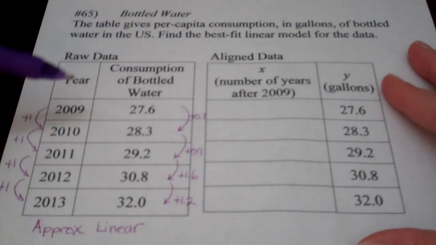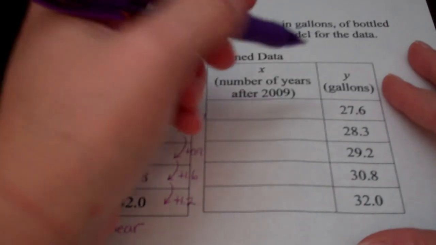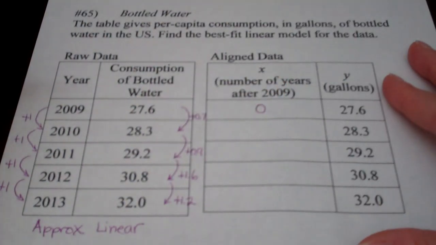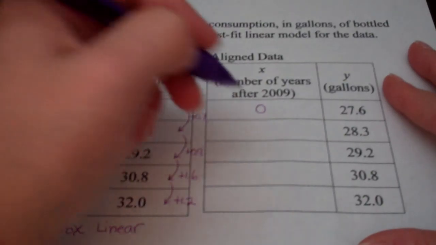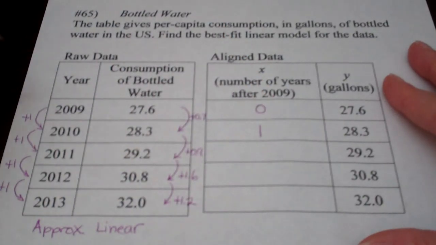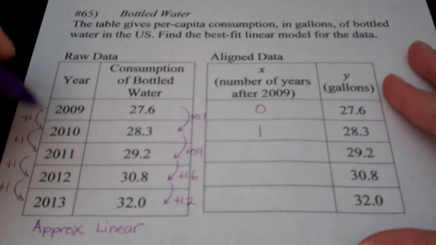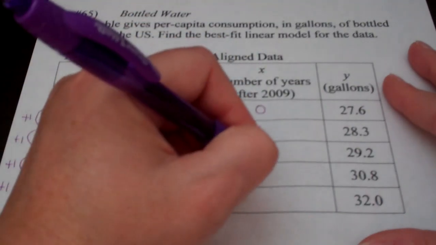So we're going to treat 2009, because that's the first data point we have, as year 0. We're just starting our experiment, at the very beginning. This is the initial amount, the starting amount. Then we count on from there. Since 2010 is the next year, 1 year later, we're going to let it be 1. It's 1 year after 2009. 2011 is 2 years later, so it'll be a 2, and so forth.